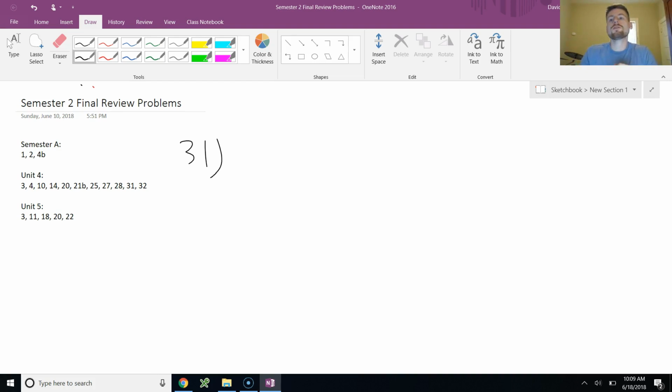So we'll move on to the sinusoidal modeling questions, which are getting a graph, writing an equation, and solving for specific times. So this one is saying we have a water wheel with a diameter of 30 feet, and it says a fish gets picked up at the water wheel and goes for a ride.